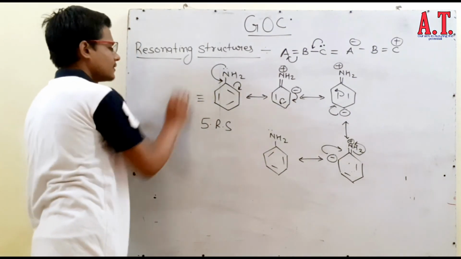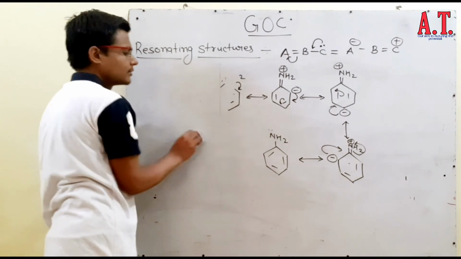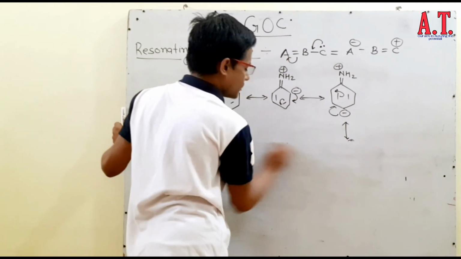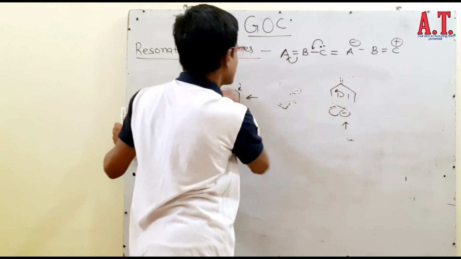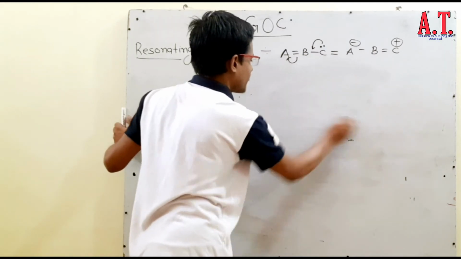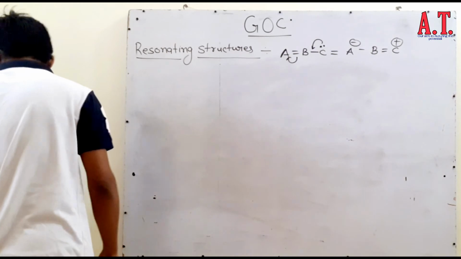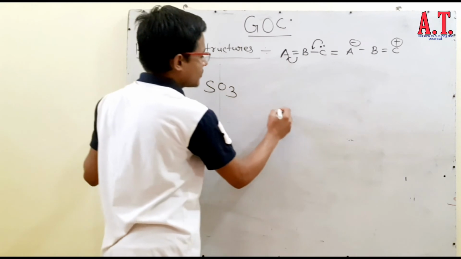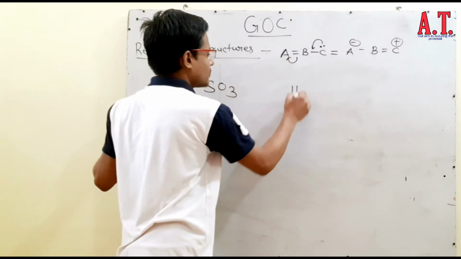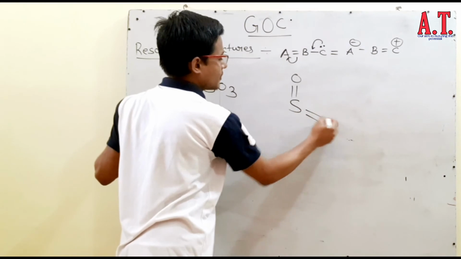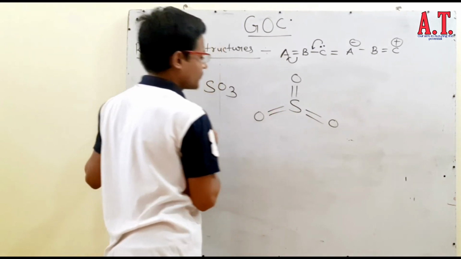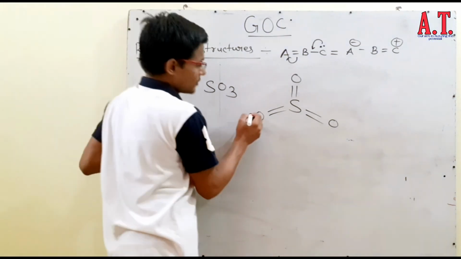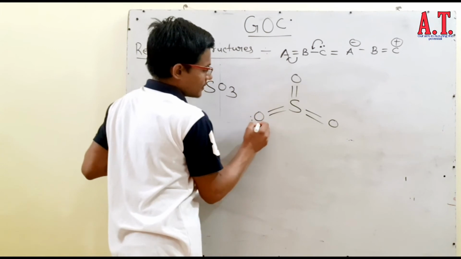Is it quite fine? Let me take one inorganic compound to show how you can draw the resonating structure of an inorganic compound. I am going to take a very famous example, sulfur trioxide. The structure of this molecule according to valence bond theory is this. There are lone pairs.